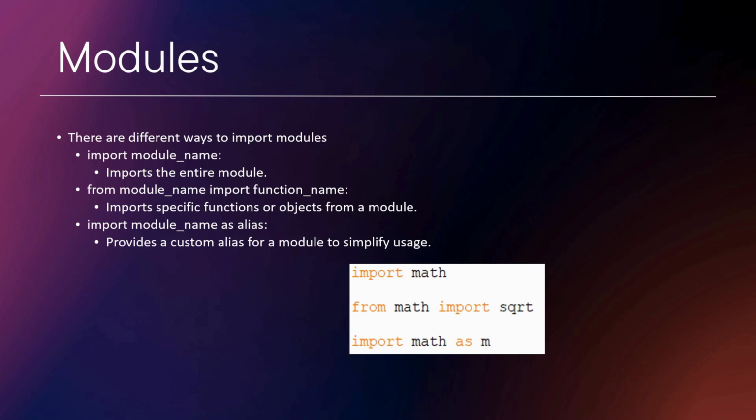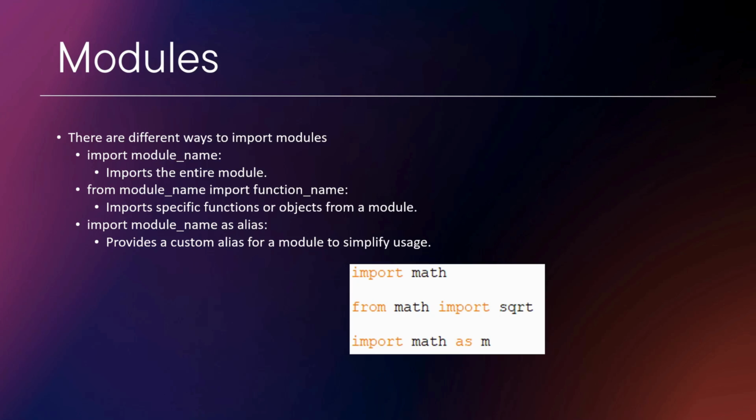And sometimes we provide an alias, if the module name is too long, so we don't want to write the complete name again and again in the code. So it is quick for us to write, and for that we use import module name as alias.